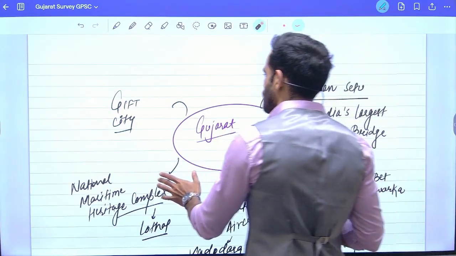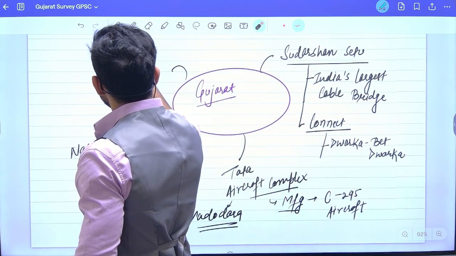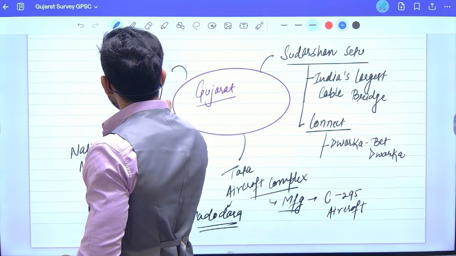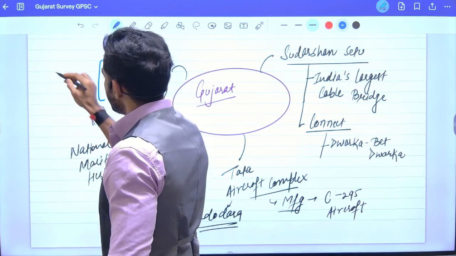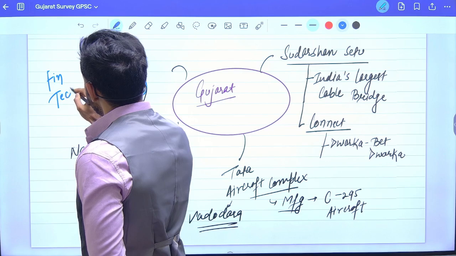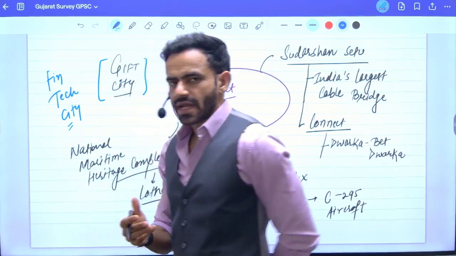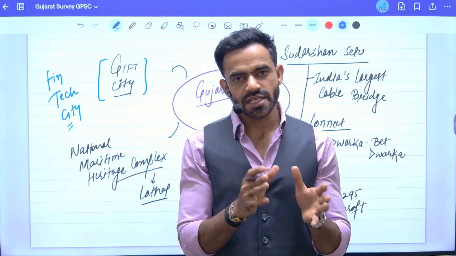Apart from that, Gujarat is home to India's first GIFT City. What is GIFT? Gujarat International FinTech City. What is FinTech? FinTech is a combination of two words, finance plus technology.